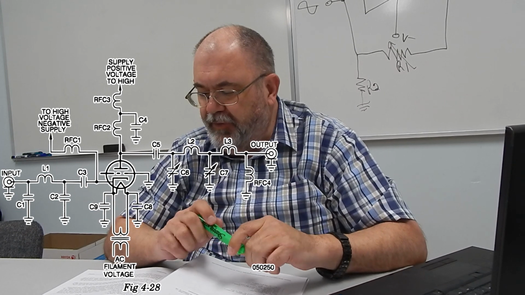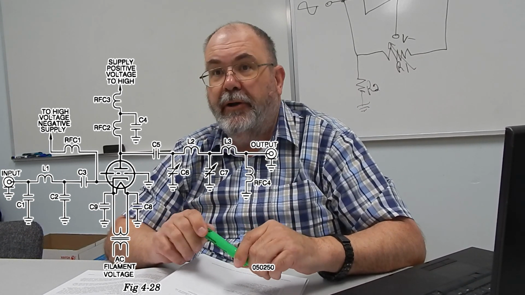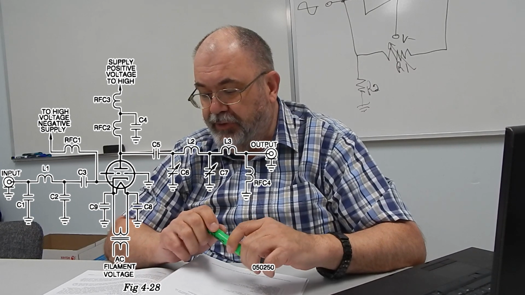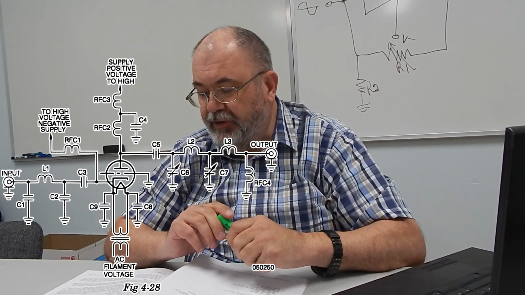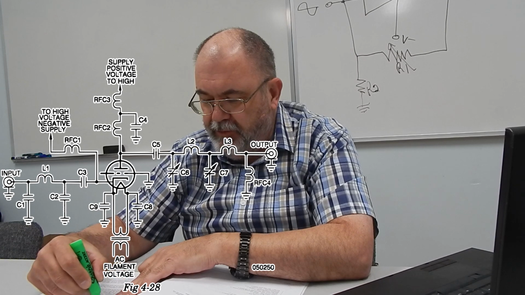And so right on the input, the first thing we see is C1 going to ground, L1 in series, and then C2 going to ground. So that C1, C2, and L1, what does it do? Filter. What kind of filter? High pass, low pass, band pass, notch?